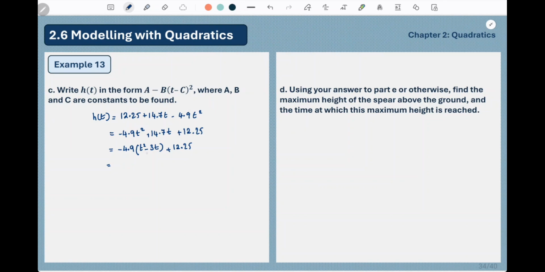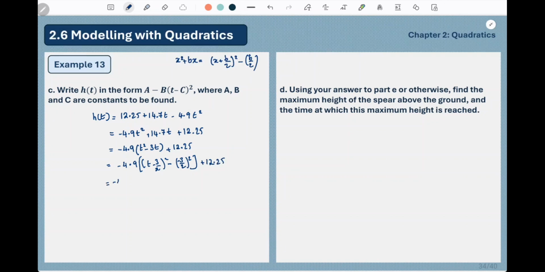So minus 4.9, and then when we complete the square, (t minus 3 over 2) squared minus (3 over 2) squared. I've only used this rule over here, x plus b over 2 squared minus b over 2 squared. In my case, minus 3 is the b. That makes sense. Plus 12.25.